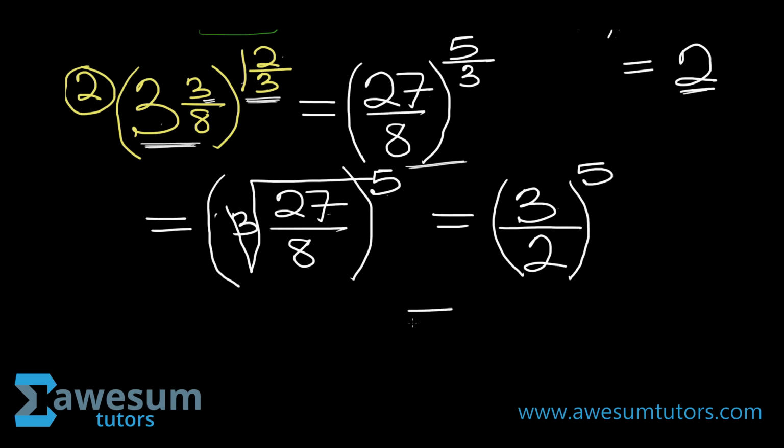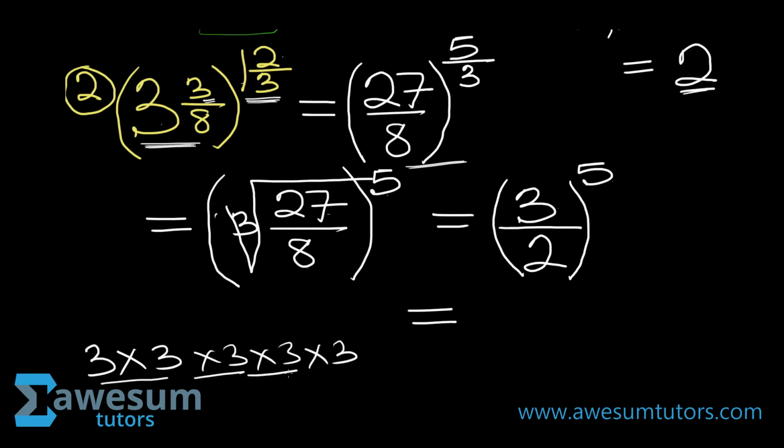Now, the next thing right here is this, that 3 raised to the power of 5 is what? It means 3 times 3 times 3 times 3 times 3, right? 3 times 3 is 9. 9 times 3 is 27. 27 times 3 is 81. 81 times 3 is 243.